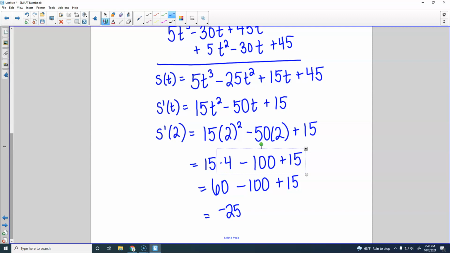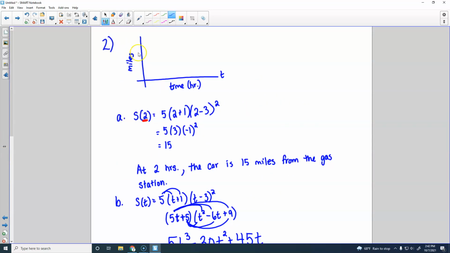So if we think about it, the derivative is the slope. I drew this up here. Slope is your change in y over your change in x, which for this particular graph would be change in miles over change in hours, which is miles per hour, which we use to measure what?